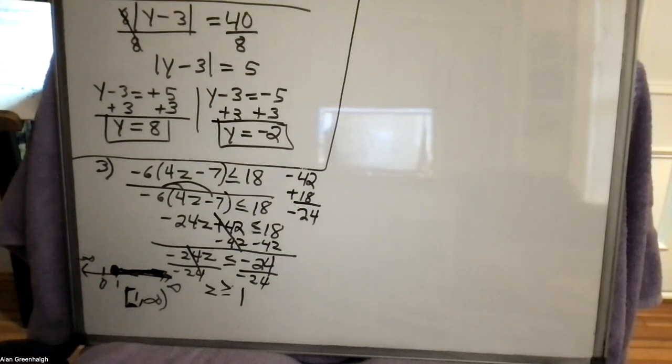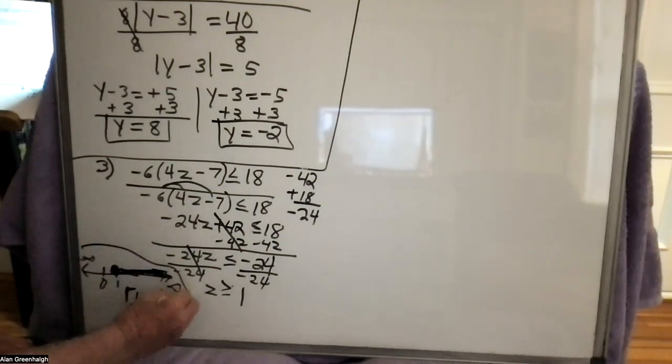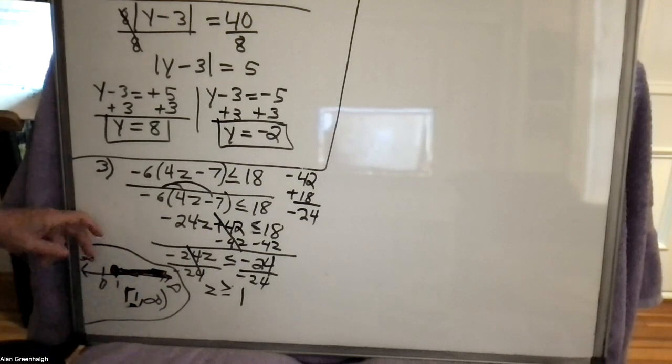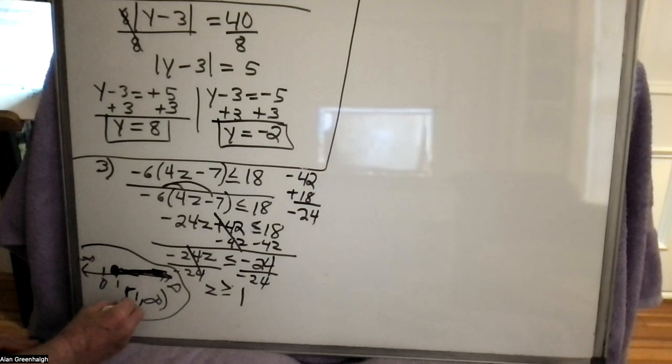You're communicating with the person grading your paper, and therefore you want to make it very distinctly clear the difference between parentheses and brackets. And these are the two answers right here. This is the answer expressed as a graph and expressed as interval notation.